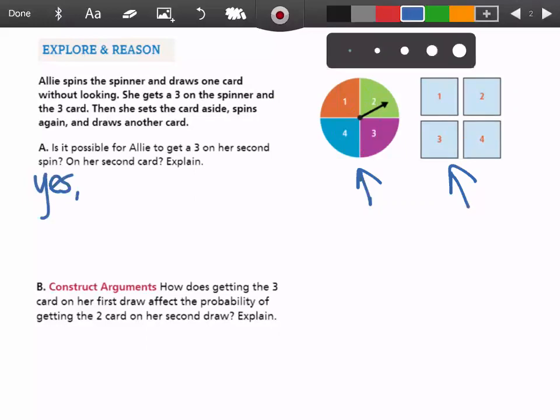on the second spin, we didn't do anything with this number 3. She set the card aside, but she didn't do anything with the 3 on the spinner. She didn't randomly just cut it out. So she can get a 3 on her second spin.